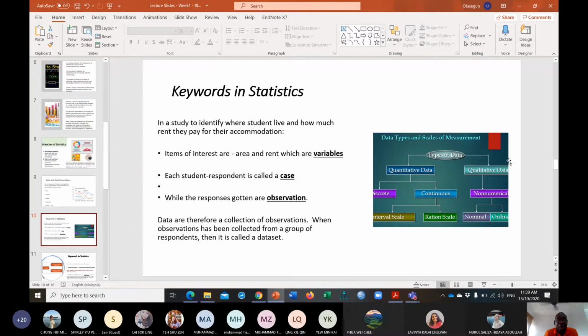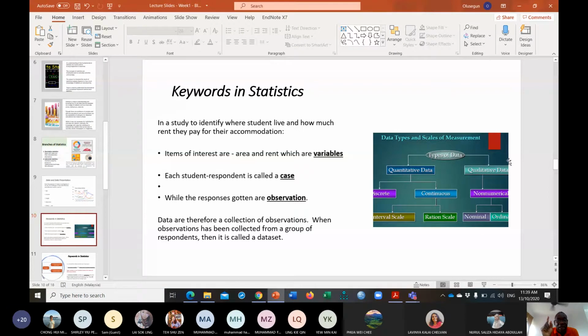When we have to get data from individual items or individual persons, for example, when I said I want to study the students in the built environment, each respondent, each student that is ready to respond to my survey or to my questionnaires, or is ready to give me the data I wanted, such as their age, their income, their tribe, and their race, we call them a case.